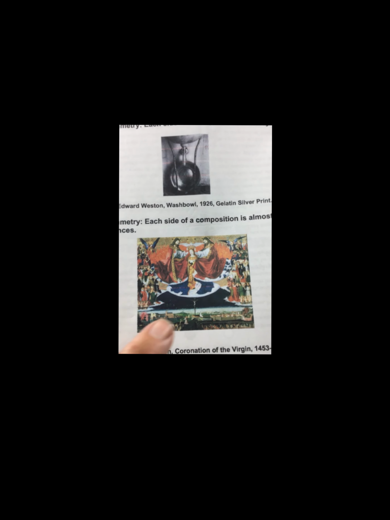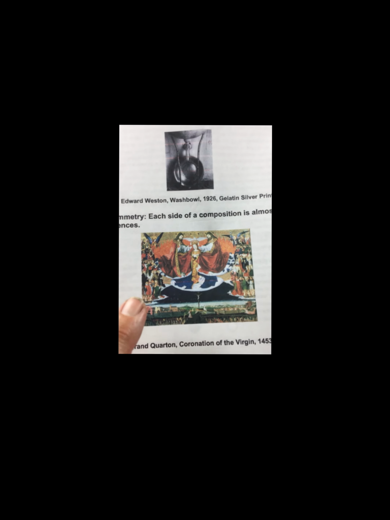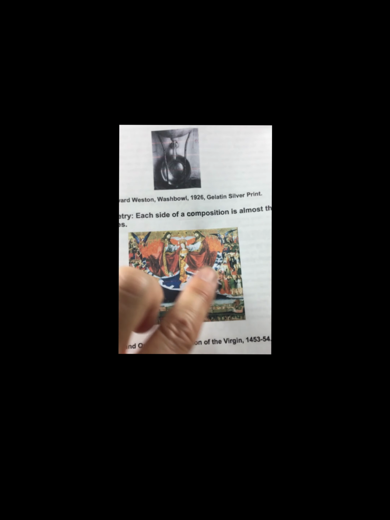And in this painting by the Spanish artist Angel Corton, Coronation of the Virgin, of 1453-54, there is a sense of bilateral symmetry. You have the Virgin in the middle, two angels on each side, and some changes in the crowds on either side.